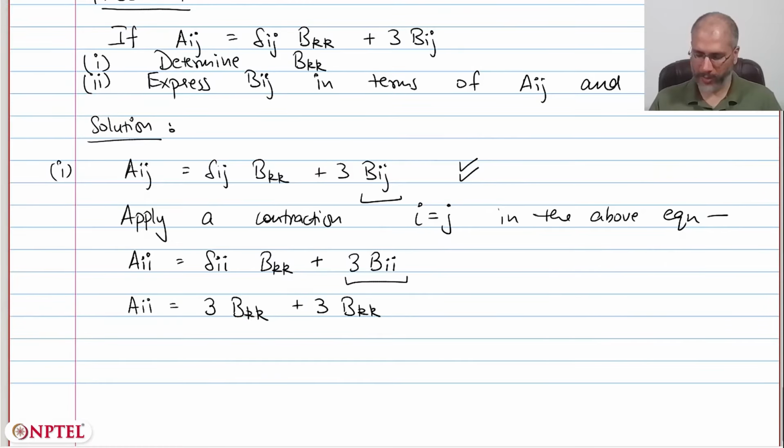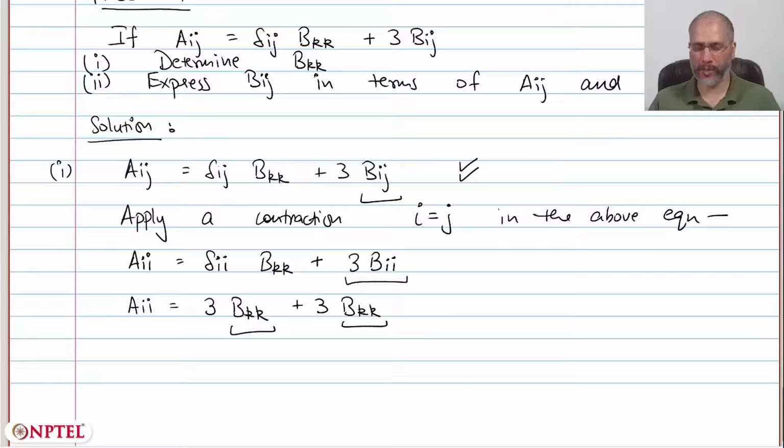And now, what is bkk? bkk is basically b11 plus b22 plus b33. So if I'm saying that this is that term which is b11 plus b22 plus b33, this is also the same thing. So it's better if you represent them using the same index, otherwise it's difficult to see that they are the same things.